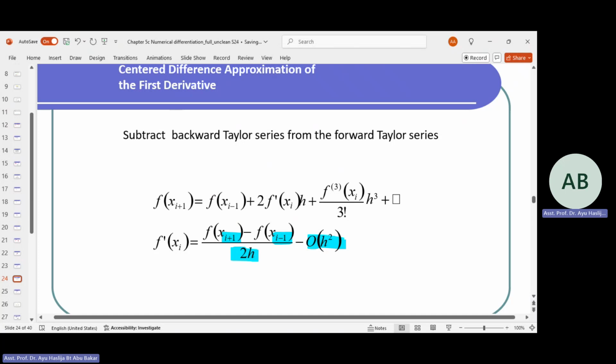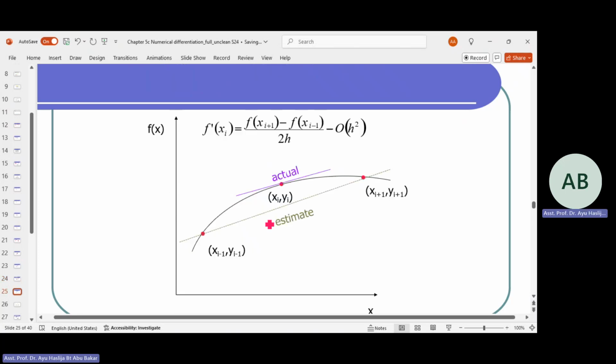Now, if centered, it is forward minus backward. Okay, where? This one. This is the given point. So you have forward and backward point. Okay, that is centered approximation. Now, the centered equation divide by 2h.